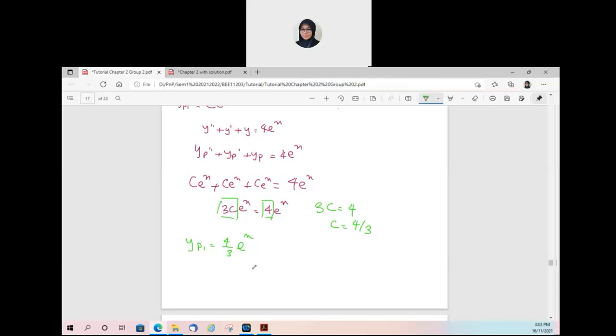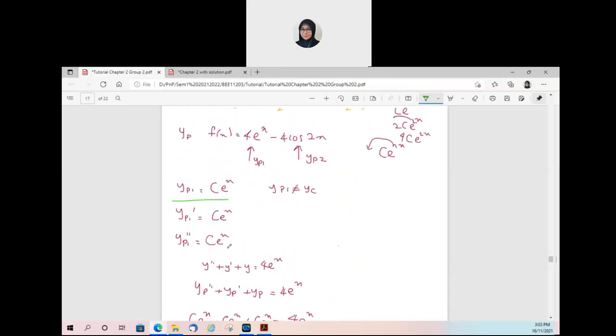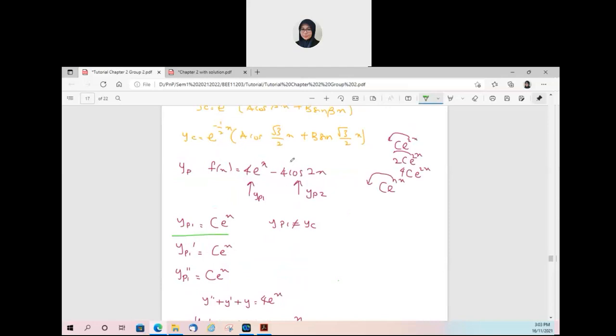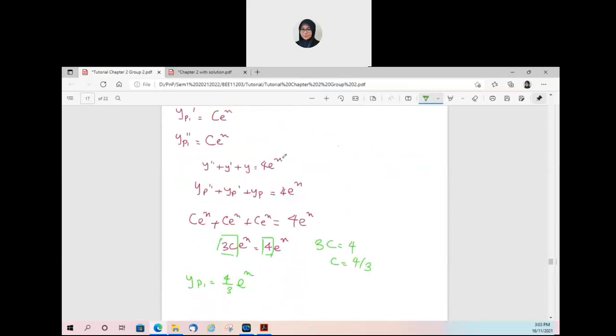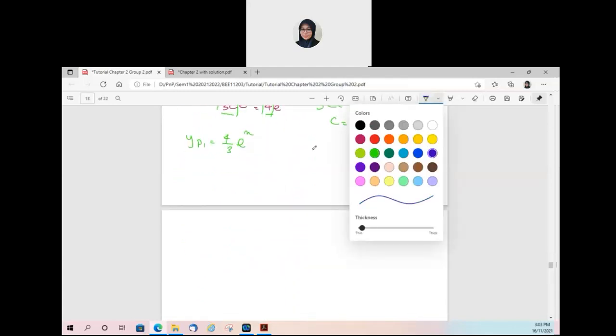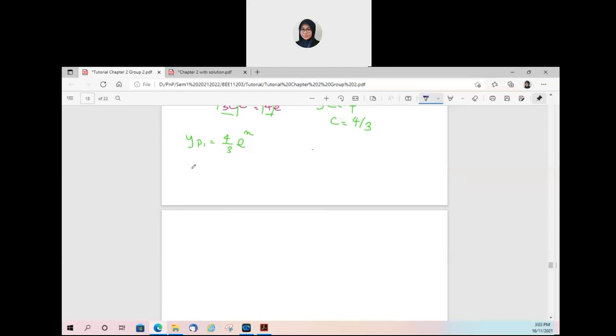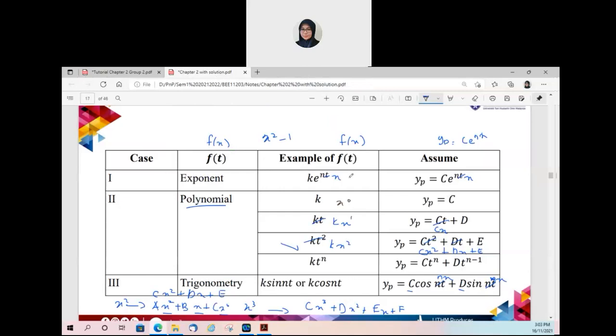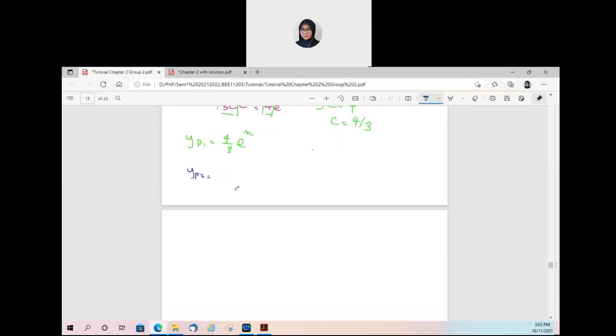Then now, YP2. So YP2 comes from this course, this trigonometry. And we know that from trigonometry, our YP2 will be this one, C cos x plus D sin x. So C kita dah pakai. We already use C for YP1.